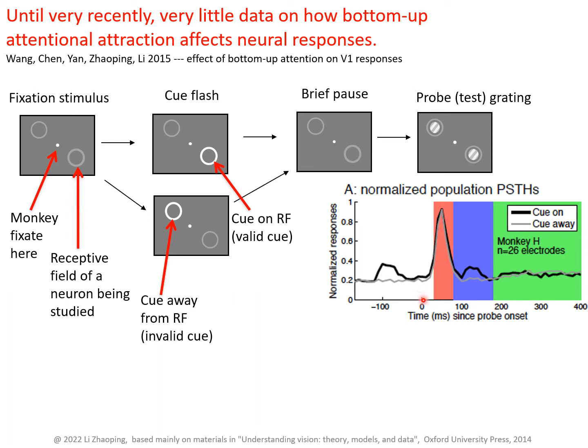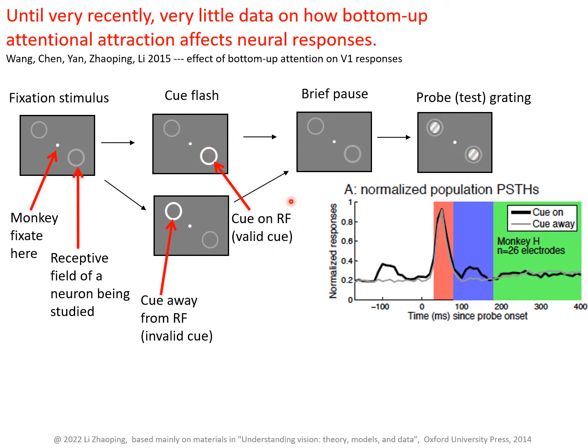However, by the time the probe appeared, the response to the cue has already died down, and the initial response to the probe is independent of where the cue is. However, at around 100 milliseconds after the probe appeared, you can see the response to the probe is much higher when the cue is on the resident field. That means the neuron's sensitivity to the probe is increased due to this cue.